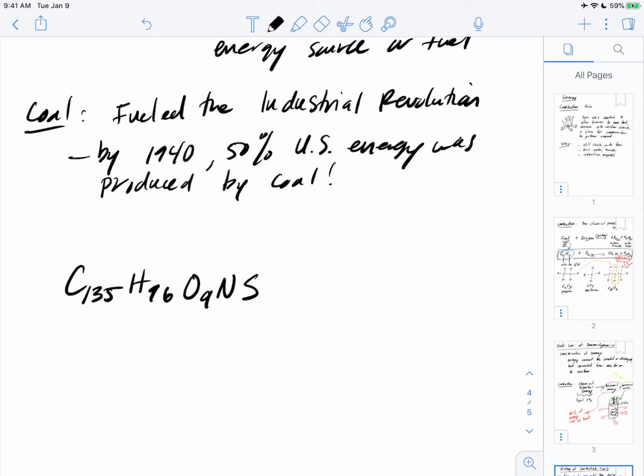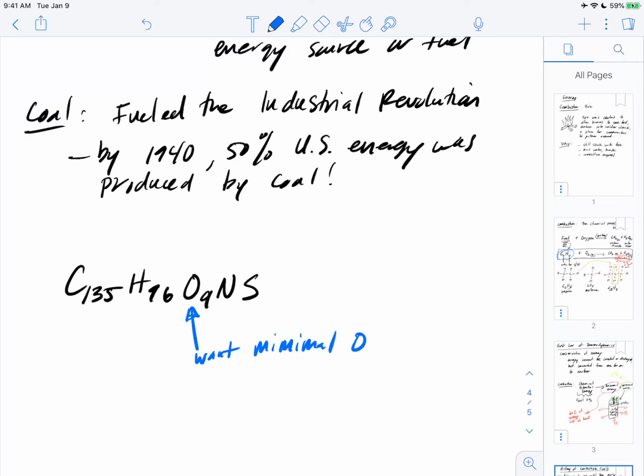And just to point out some of these, what makes different types of coal unique is that the best coal is the one that has the least amount of oxygen in it.